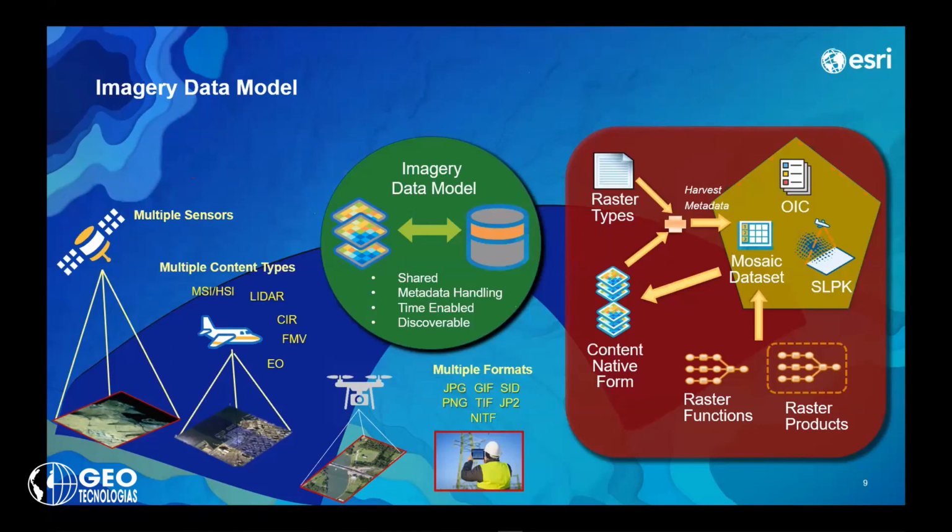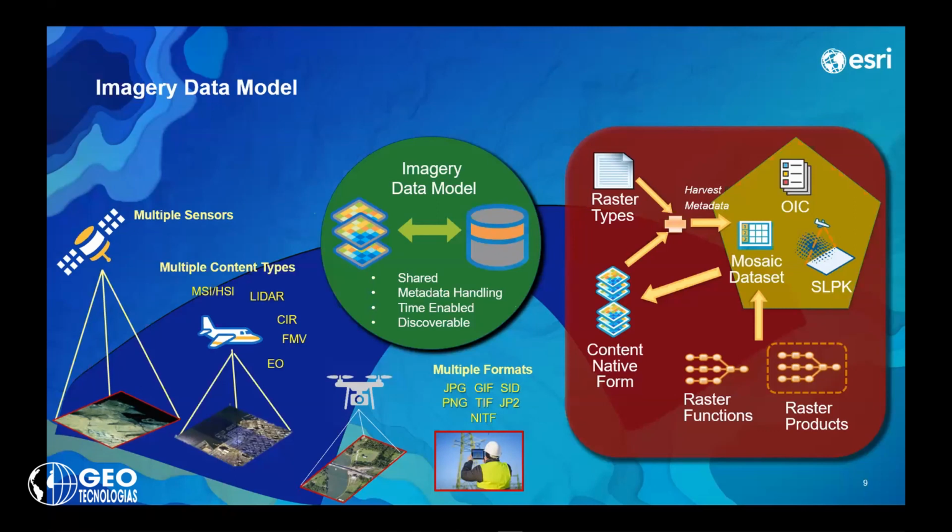And essentially what the data model does, it provides you the glue to take content from multiple sensors, multiple aircraft, multiple devices in multiple file formats to extract and manage the information about that data, and then to provide a set of tools and containers for you to manage the metadata and the content and the actual pixel data.